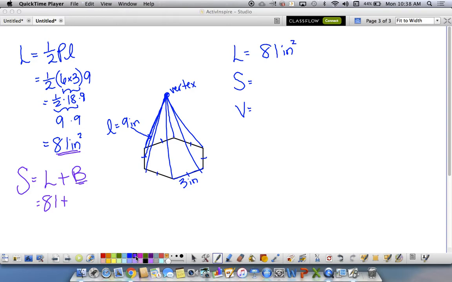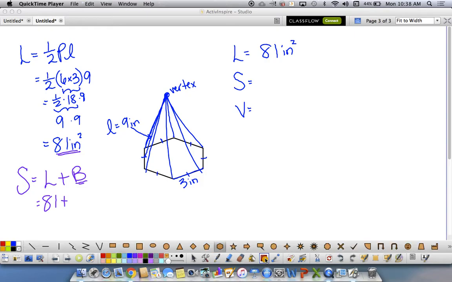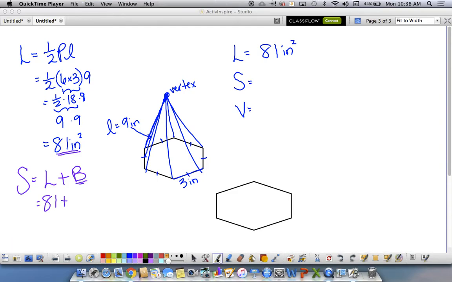So I'm going to redraw my regular hexagon with side length of 3 inches. And can we find the area? We're going to pretend this is nice and neat. Do you remember from, oh my goodness, it's probably been at least a week, maybe 2, about our regular hexagons and the apothem?